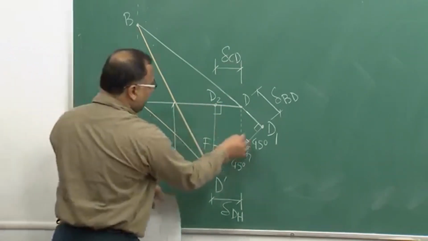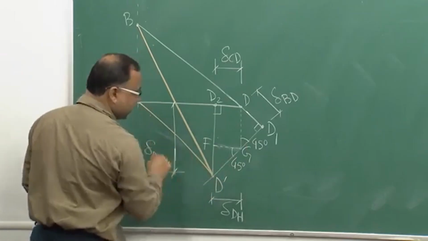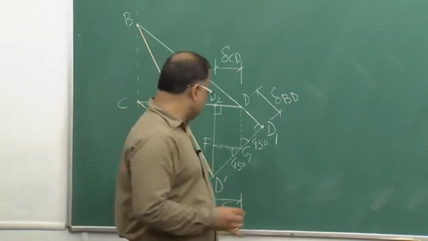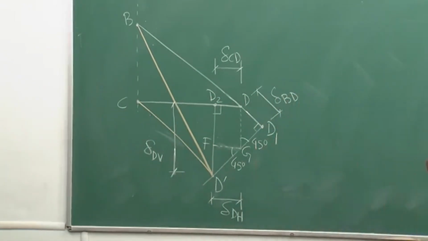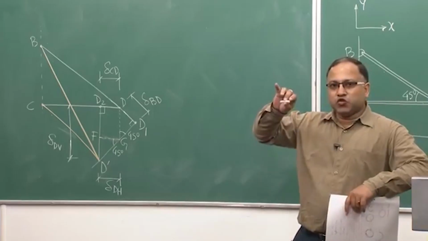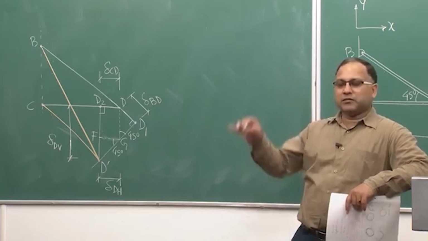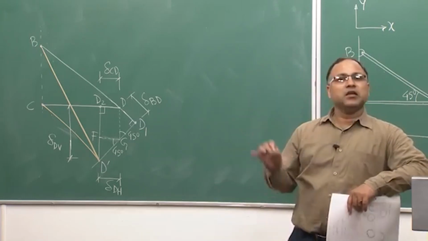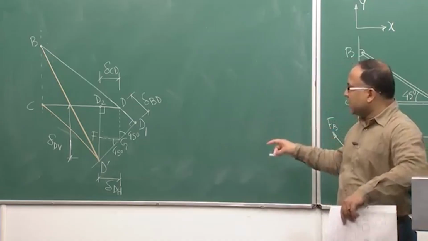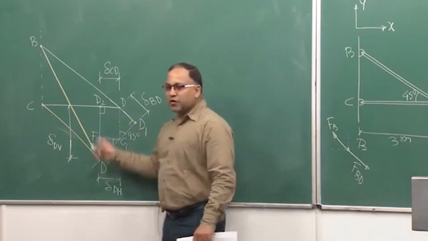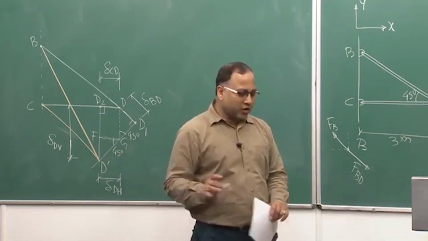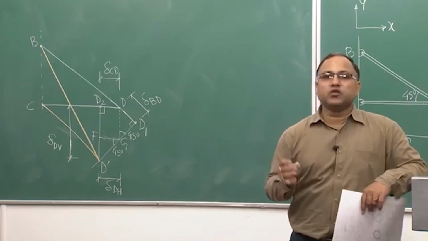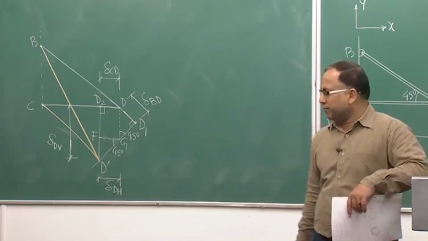So, these two perpendicular lines are meeting at a common point D prime. Frankly speaking, that should happen through a circular arc, but if we consider dropping the normal like this, that will also be fine. That will not create any significant difference because we are dealing with the small deformation problem.